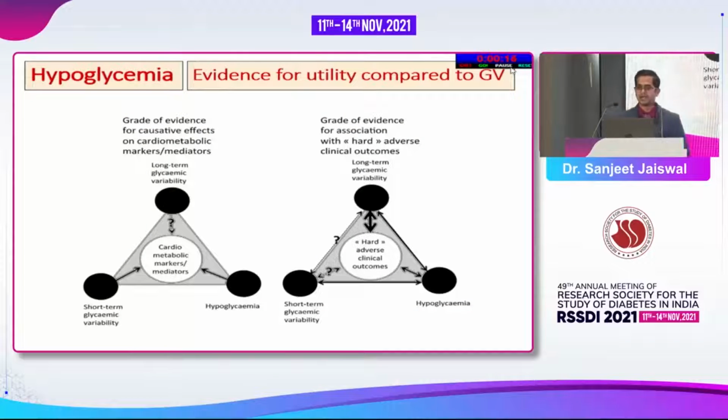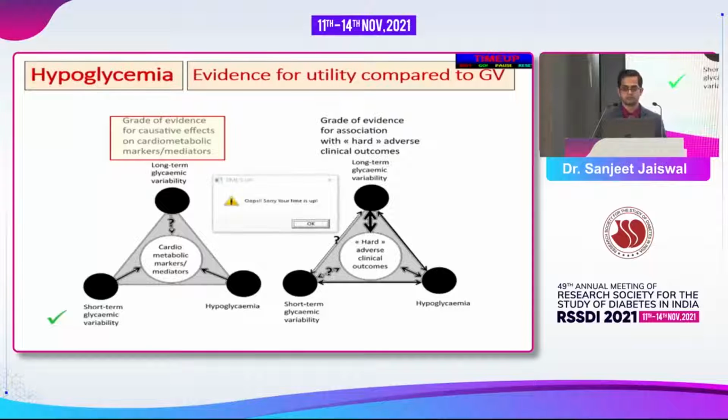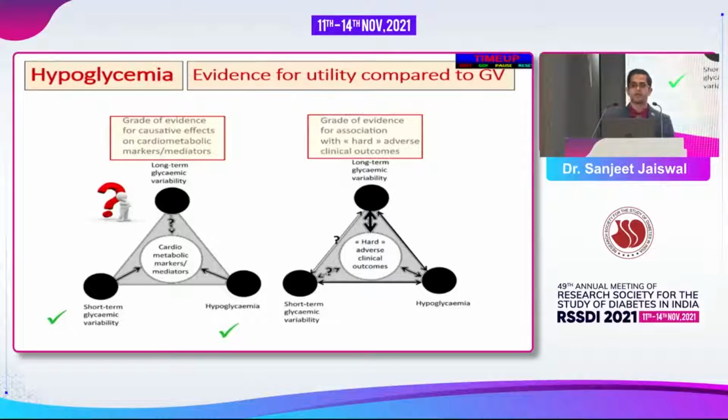So in a nutshell, what is the evidence for the utility of various parameters compared to glycemic variability? The evidence for metabolic as well as oxidative stress: we know that short-term variability is associated with increased cardiometabolic risk and increased oxidative stress, and hypoglycemia is also associated with increased risk. However, long-term glycemic variability is not associated with increased risk of cardiovascular markers or mediators. When hard endpoints of adverse outcome are considered, like myocardial infarction and hospitalization, the link with long-term variability is unclear.